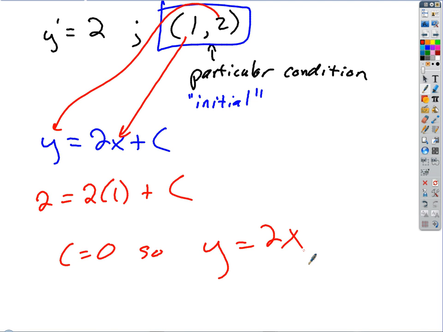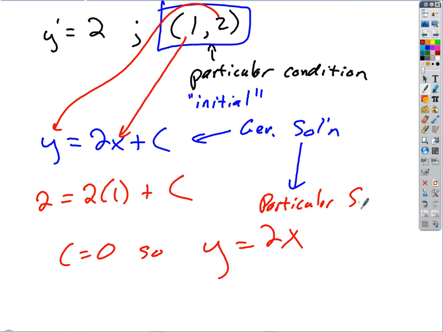So we went from the general solution down to the particular solution. Okay. And that's anti-differentiation. That's really the main topic for the rest of the year, doing antiderivatives and integrals. That's a big topic.